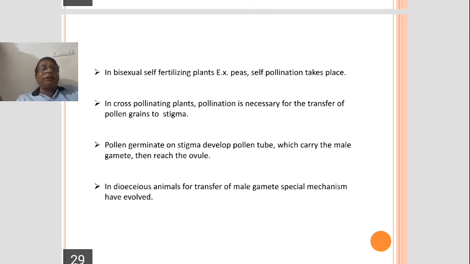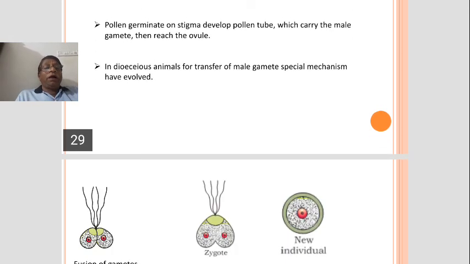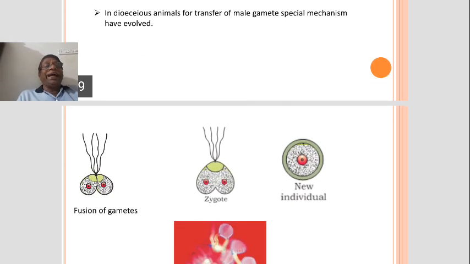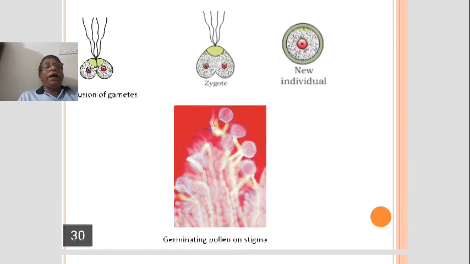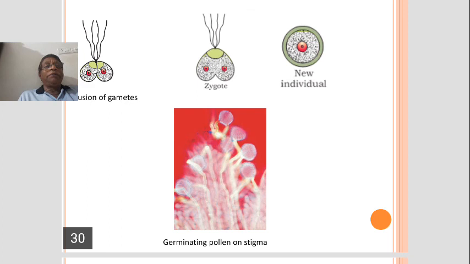In dioecious animals, for transfer of male gametes, special mechanisms have evolved. Say, through sex organ, the gametes are transferred. Okay. So that's all about the gamete transfer.